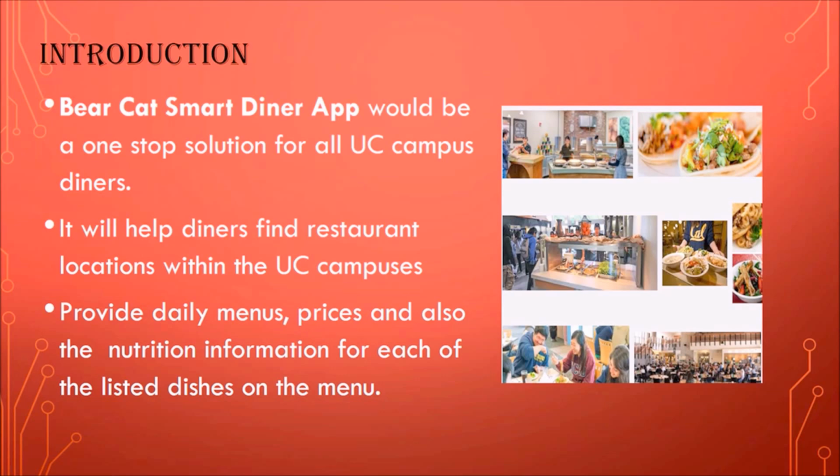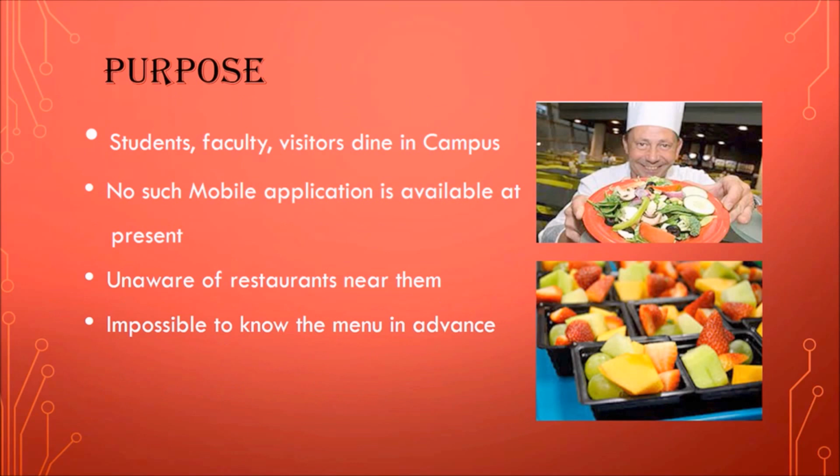Let us see what was the purpose for designing this app. UC, being a very reputed university, attracts students from all over the world. There are many national and international students, UC staff and visitors who come to UC campuses for multiple reasons. When it comes to food, UC diners prefer a place which is near to their location as well as has the kind of food they want.